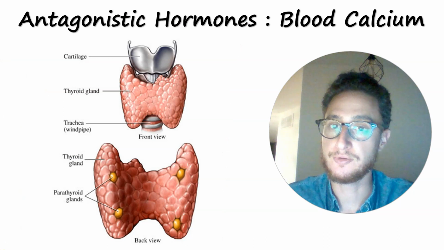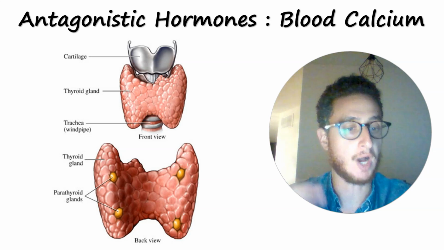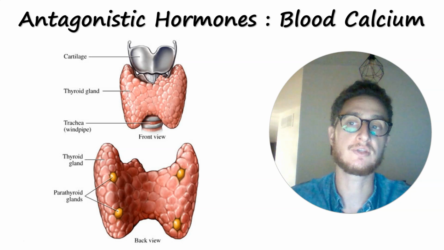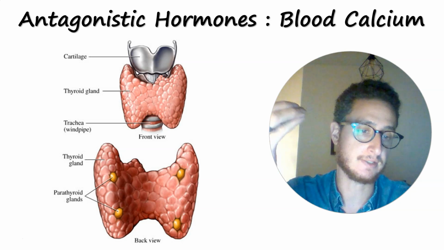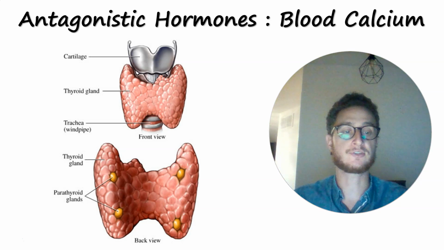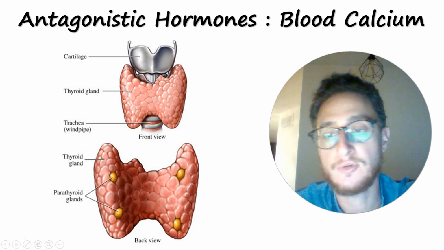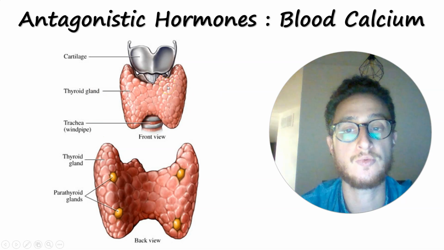And so our last example of hormones that have these opposite effects is to look at blood calcium. We call these antagonistic hormones, these ones with opposite effects, insulin versus glucagon. And in this case, we're going to look at calcitonin versus parathyroid hormone. So really interestingly, we've returned now to the thyroid gland. Once again, this organ doesn't just do one thing.